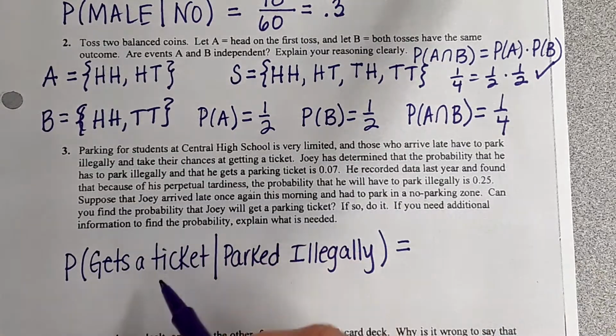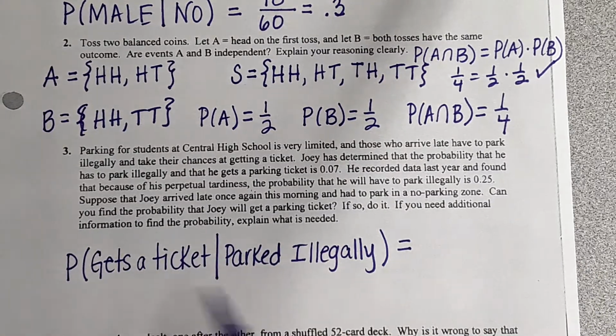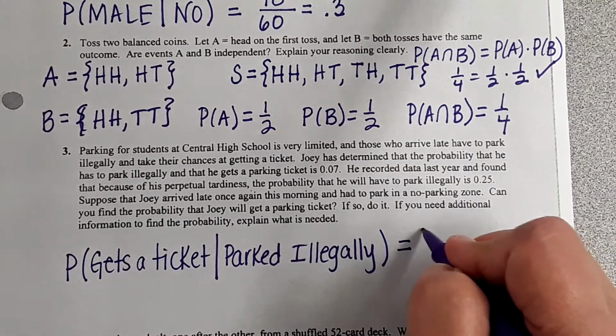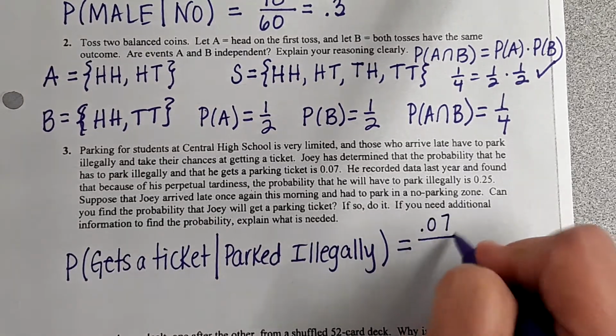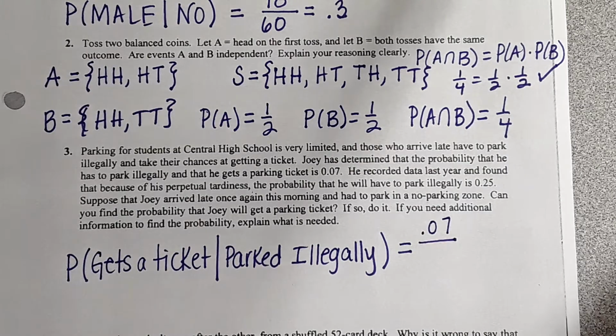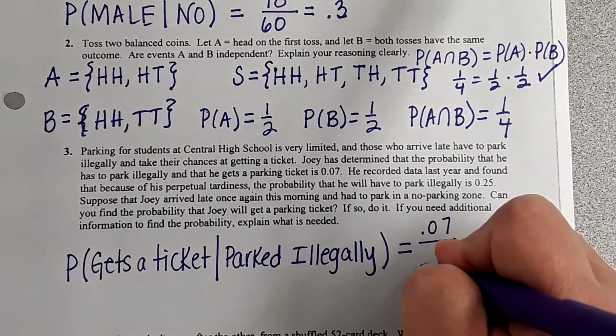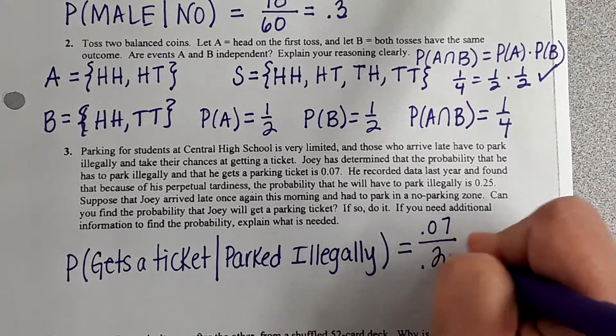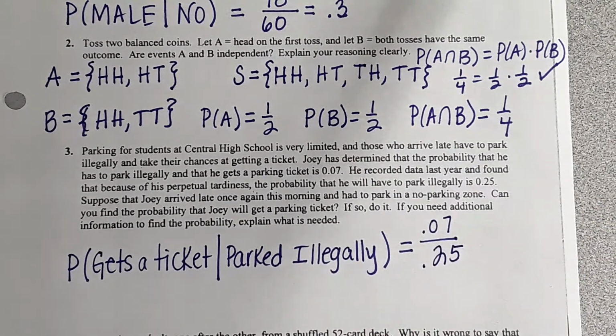So what's the intersection of gets a ticket and parks illegally? 0.07. And what's the probability if he parked illegally? Now, you guys, because it's a decimal over a decimal, you're not going to leave it like that, right? You have to actually divide it out and give them an answer.